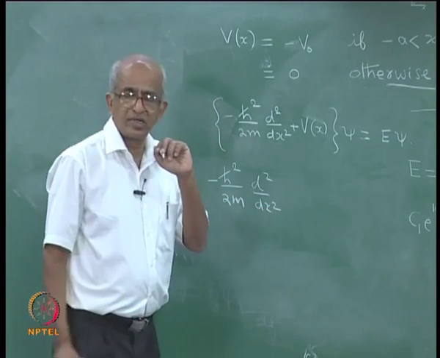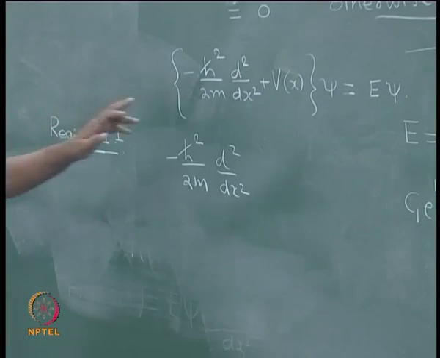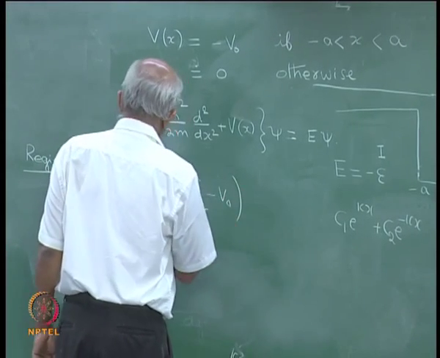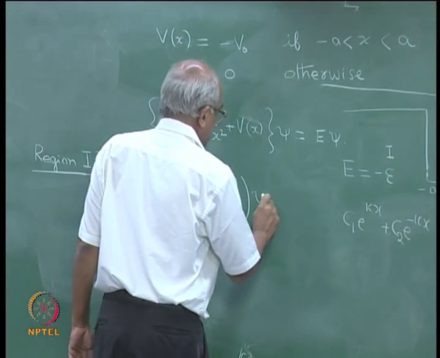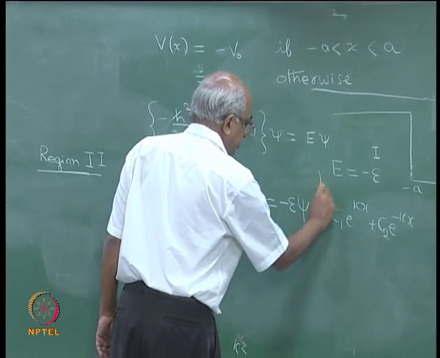What is the potential energy of the system? If the particle is in that region, then this is minus V 0, psi is equal to minus epsilon psi. This is the differential equation.